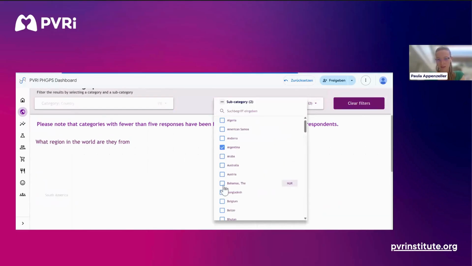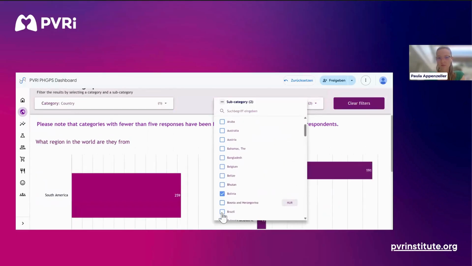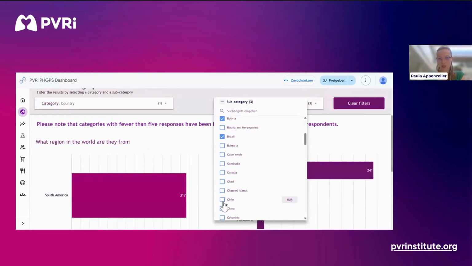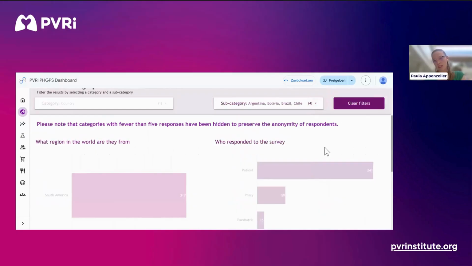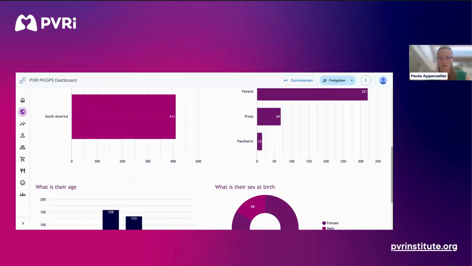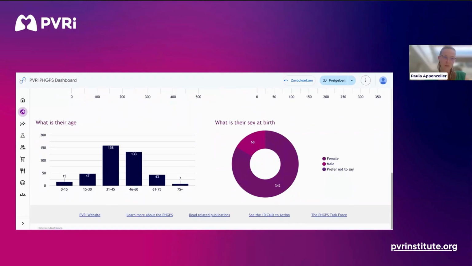For example, we can add Argentina, Brazil, and Chile. Now we can see the data for all countries together, and it will still give you a reasonable idea of what's happening. Now we can see we have data from all the different age categories, and we have their sex distribution.